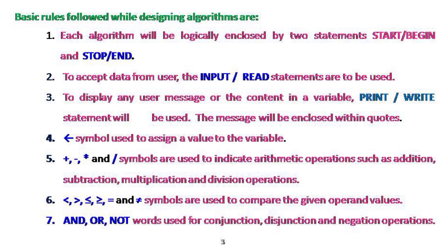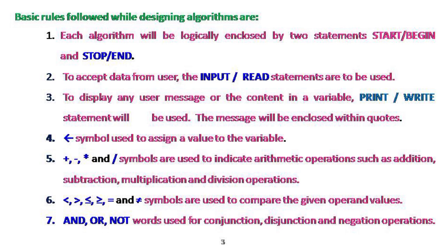Similarly, you can go for comparison operations by using symbols like less than, greater than, less than or equal to, greater than or equal to, not equal to. By using these symbols, we can represent the comparison operations.